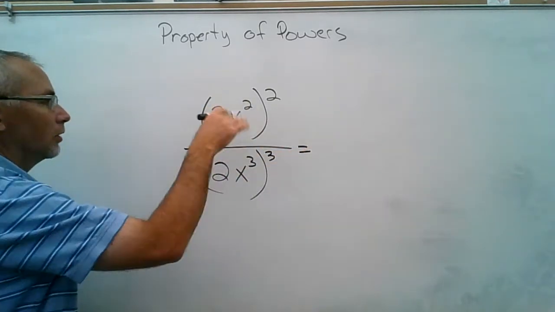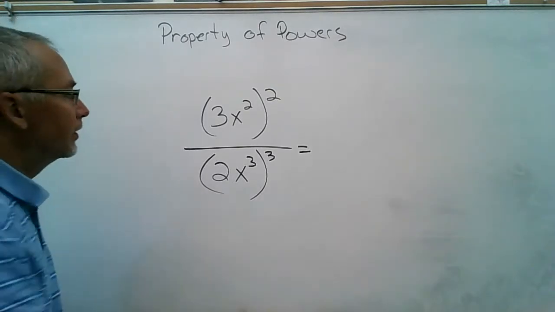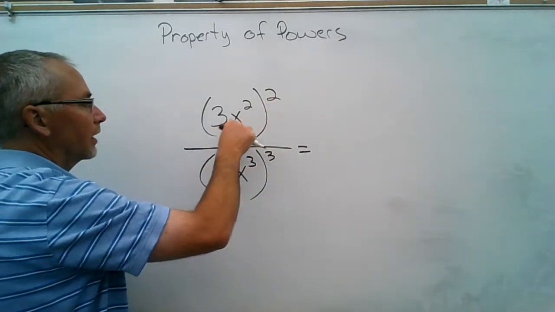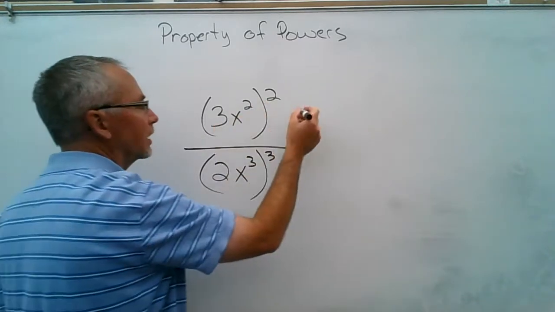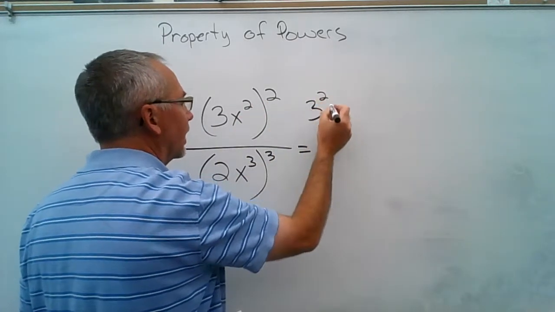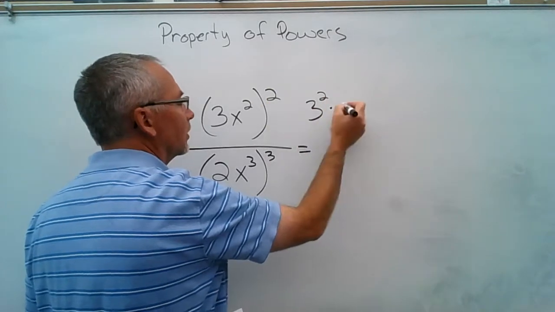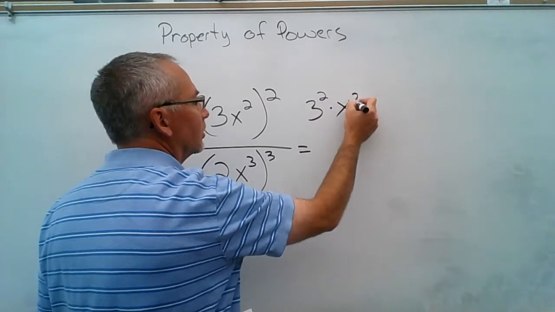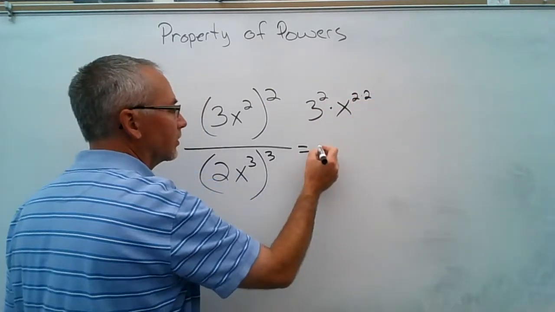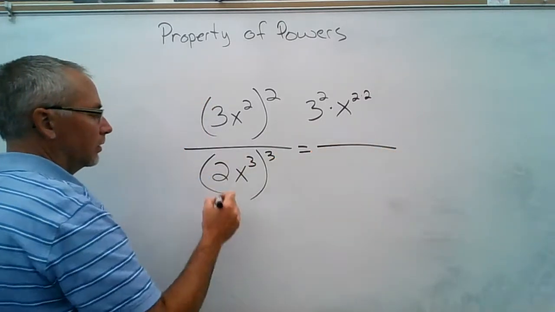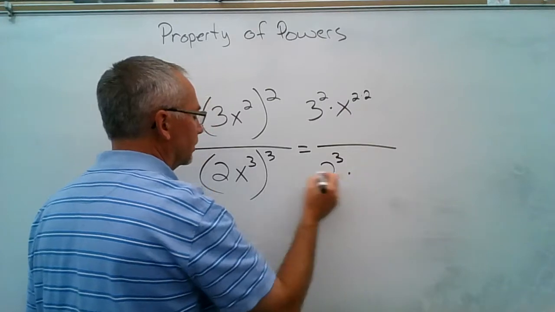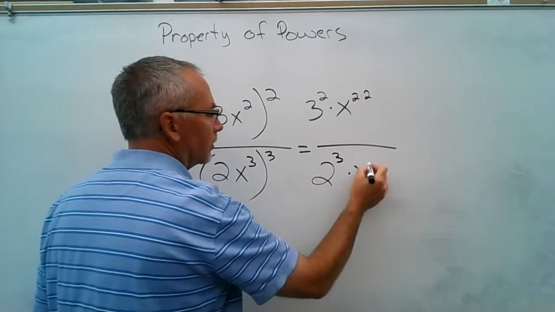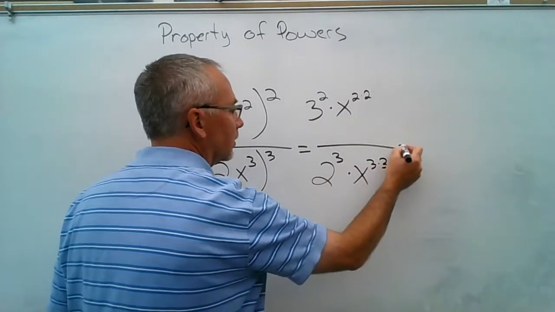I would first of all start on top. This 2 affects everything inside the parentheses, so I actually am going to take 3 to the 2nd power times x to the 2nd times the 2nd, all of that over 2 to the 3rd power times x to the 3rd times the 3rd.